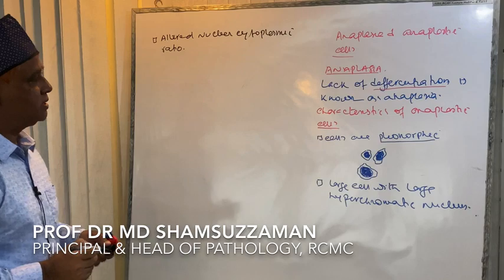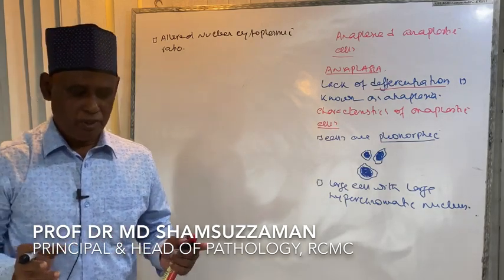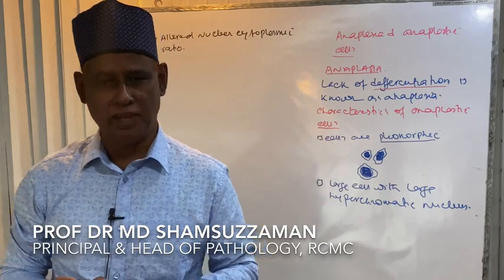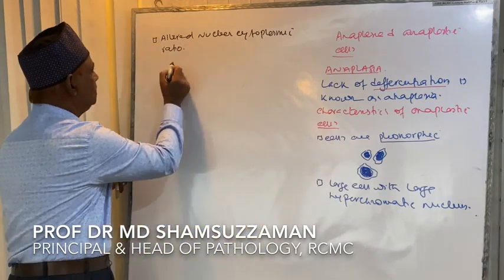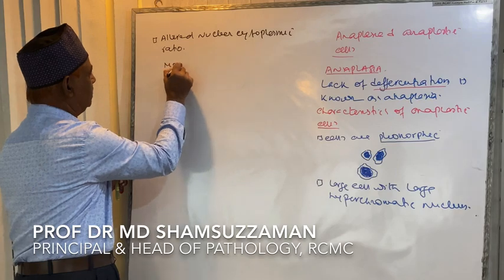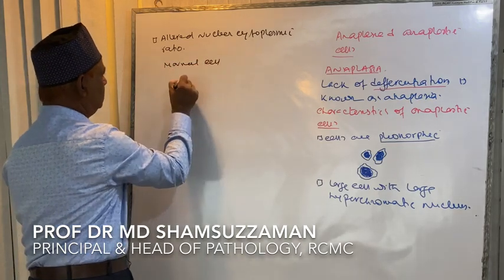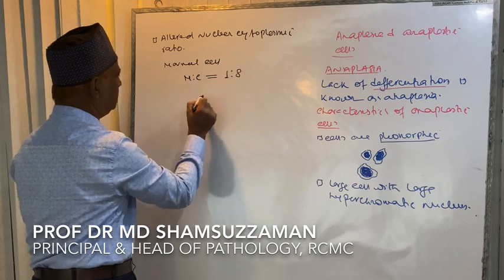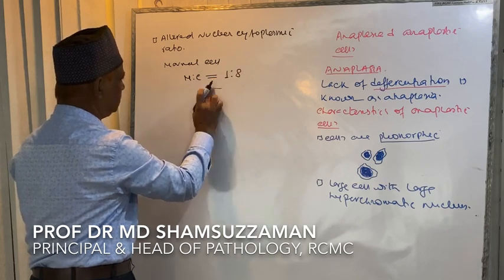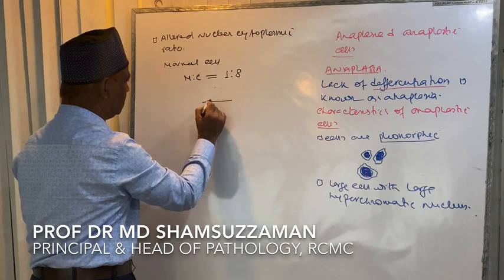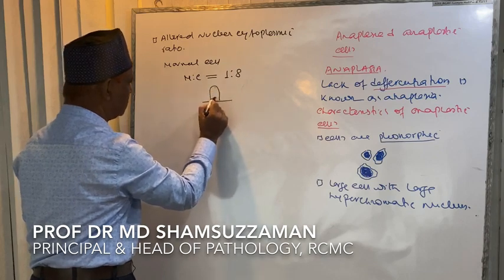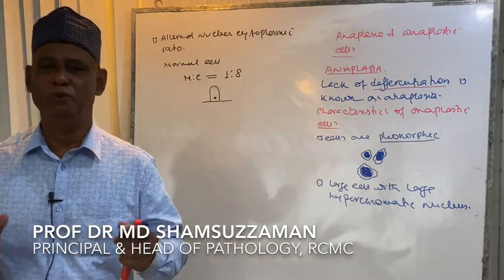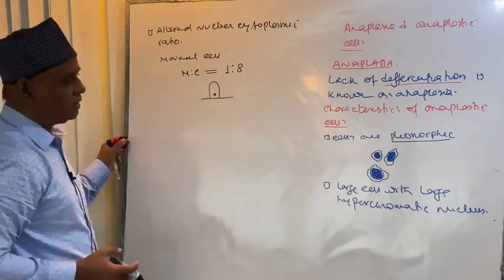In the previous lecture, I told you that in a normal cell, the nuclear cytoplasmic ratio is 1:8. Suppose this is a normal columnar cell, with the nucleus like this. So the nuclear volume is smaller than the volume of cytoplasm.